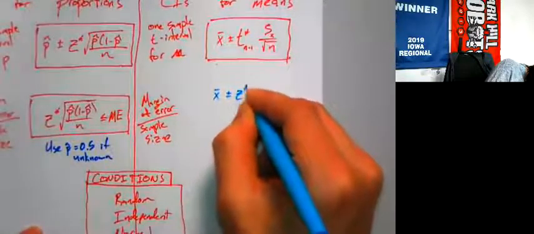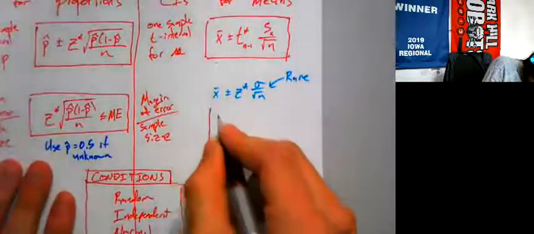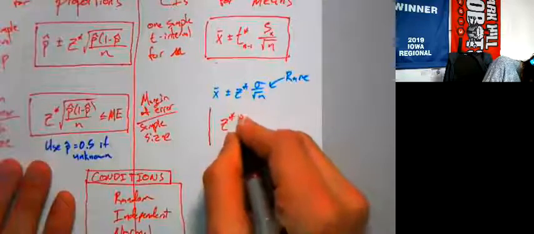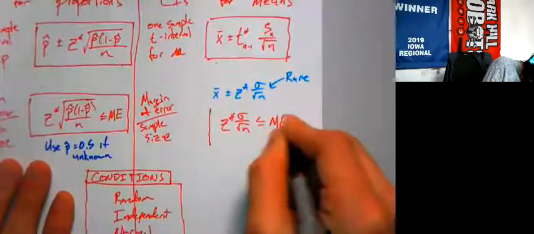The rare case is x bar plus minus z star sigma over radical n. This is very rare, but it does lead to the only way we could do a sample size calculation here, which would be z star sigma over radical n is less than or equal to some specified margin of error.